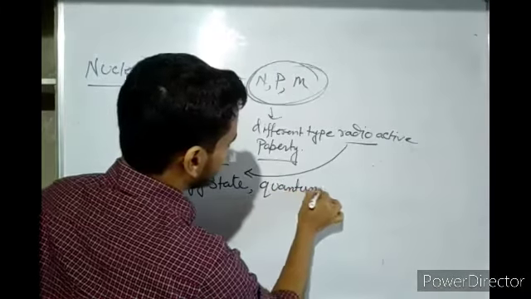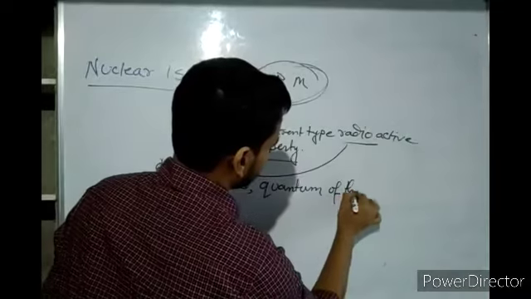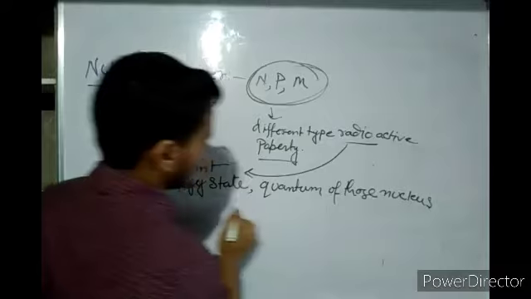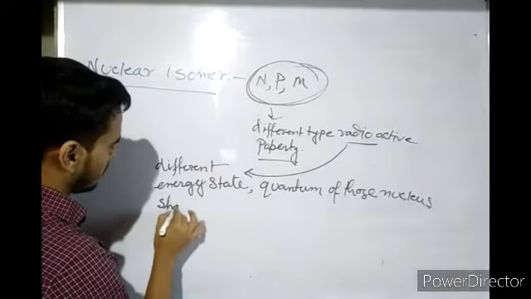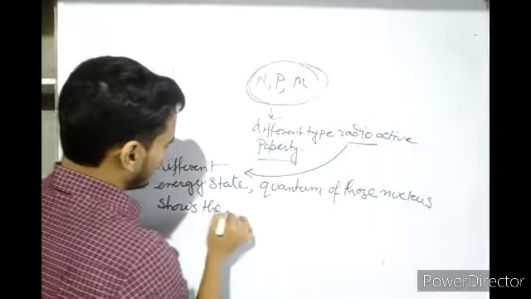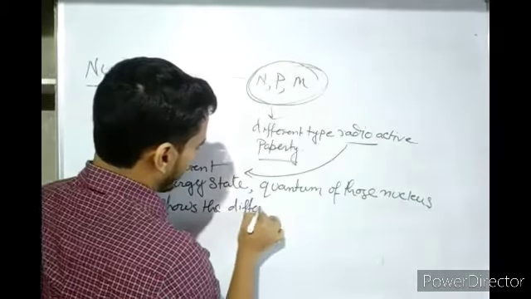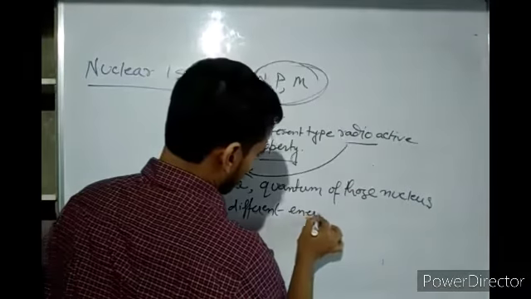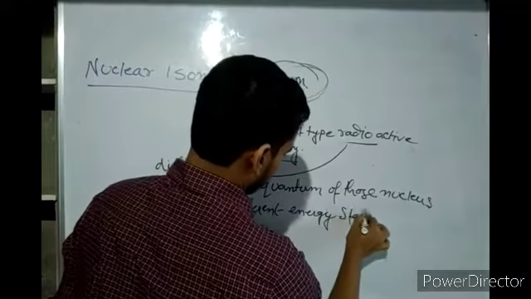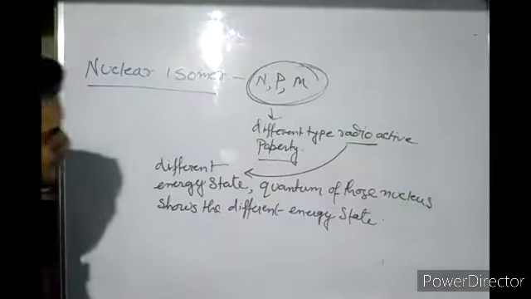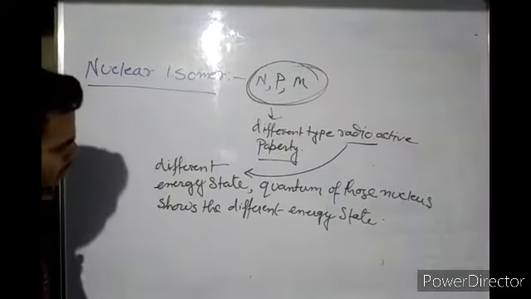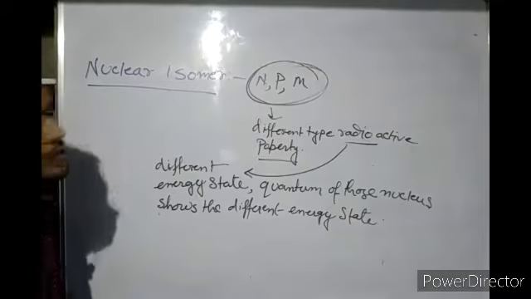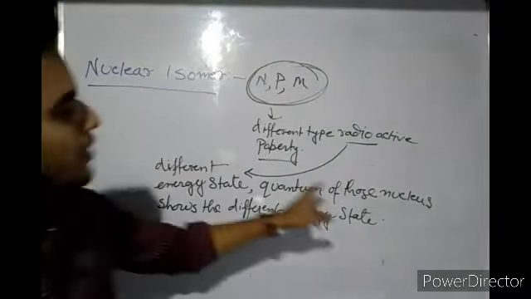The quantum numbers of those nuclei show the different energy states. This is called nuclear isomer of each other.